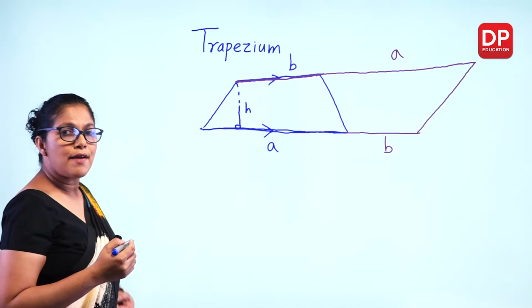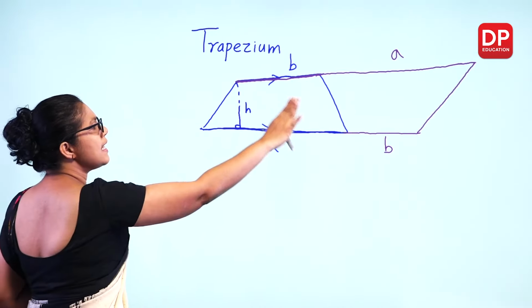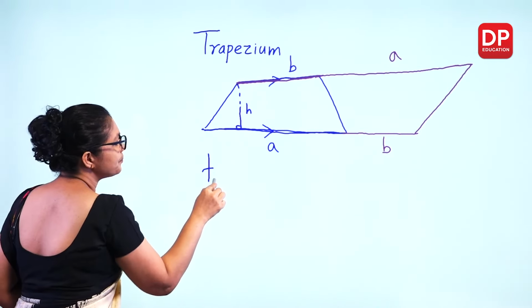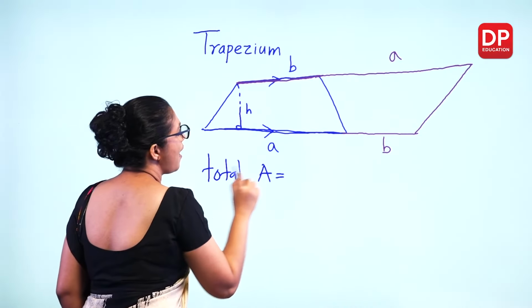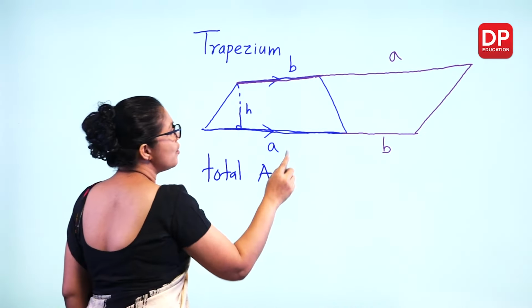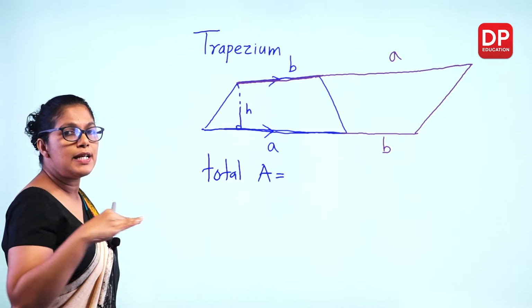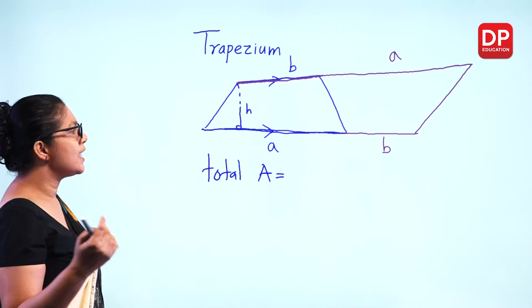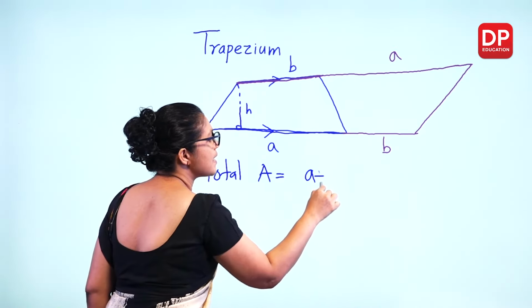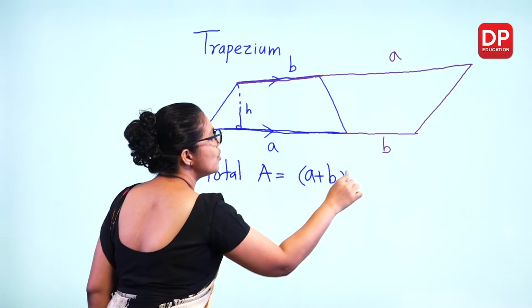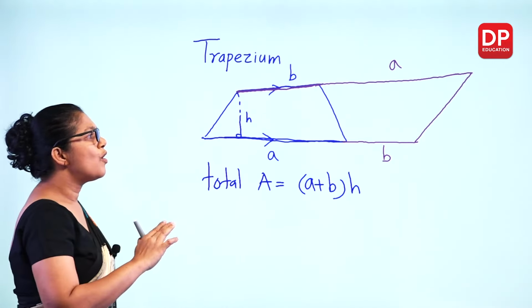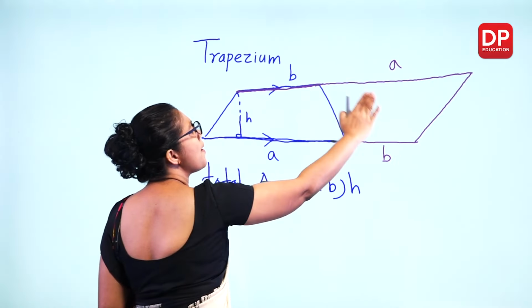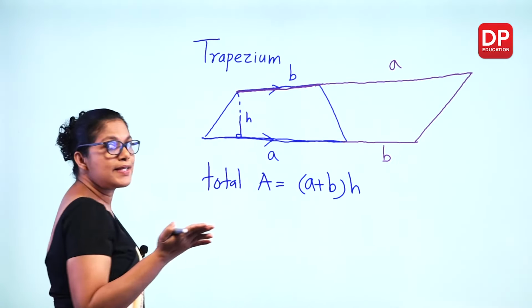So how can I find the total area of this parallelogram? I know in a parallelogram you need the base length and the perpendicular height. Base length is a plus b, into h. So now we know we have two same trapeziums.